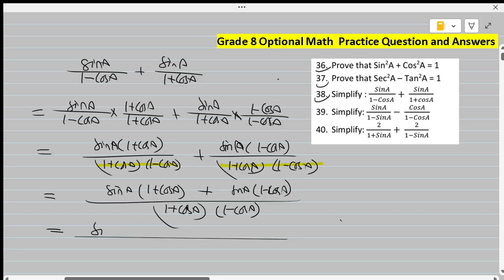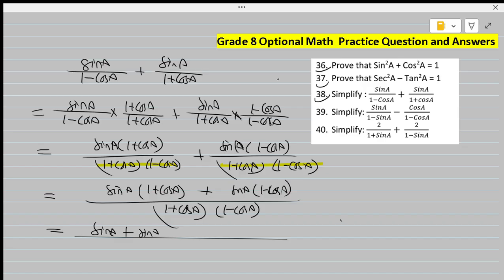So sin A into 1 gives sin A, and plus sin A into cos A, and plus sin A into 1, sin A, and minus sin A into cos A, is it? And below there is a plus b into a minus b, so it turns into a square minus b square. 1 square is 1 itself, so cos square the same, is it?